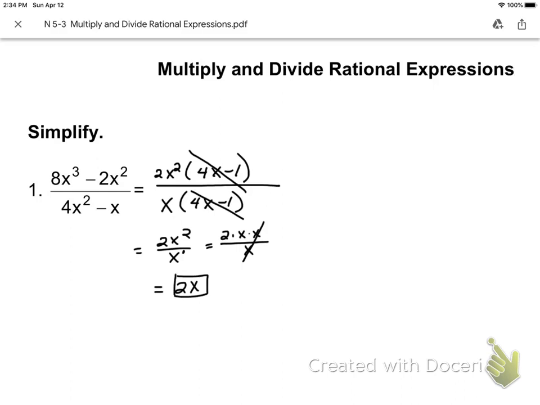So I can just subtract these exponents, and 2 over 1 is 2. And then x squared over x is x. So I can look at it by subtracting exponents, or I can write all of them out and then cancel out however many x's would cancel. So my answer for number 1 is 2x. Let's go on to our next example.